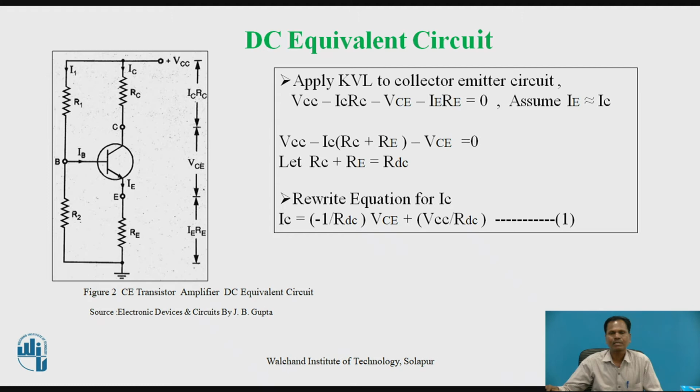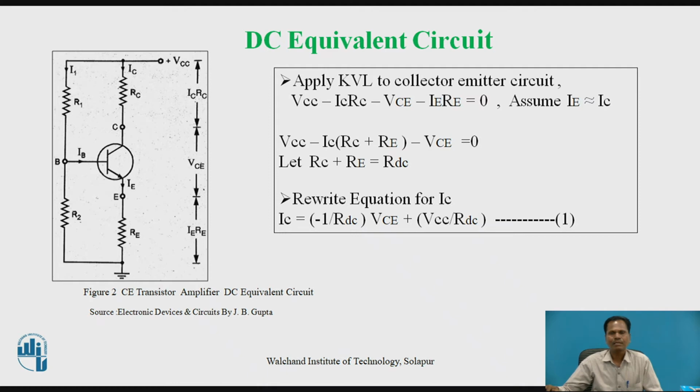Starting from the negative point of VCC, we use a positive sign convention whenever we go from lower potential to higher potential. So, plus VCC minus ICRC minus collector to emitter voltage VCE minus IE into RE equal to 0.